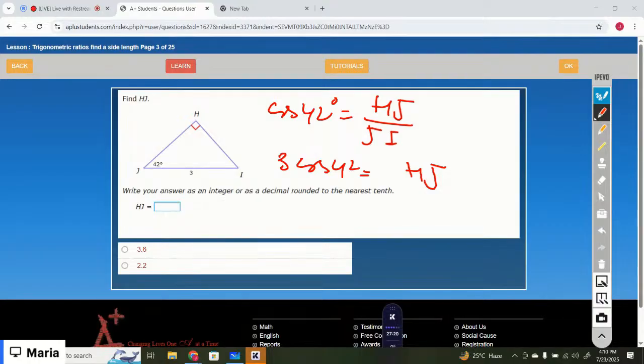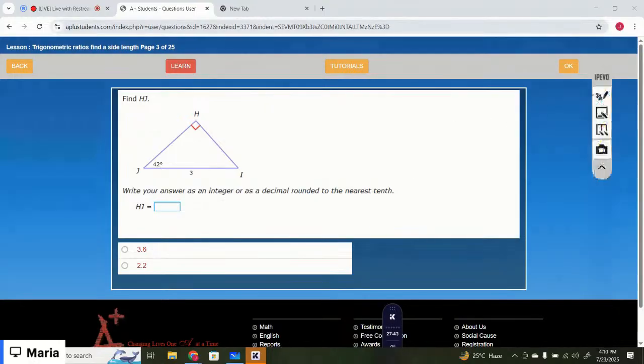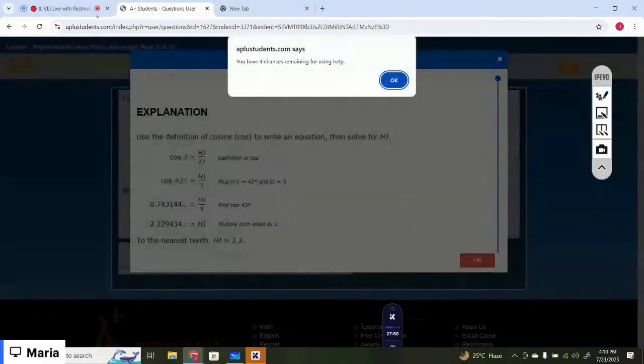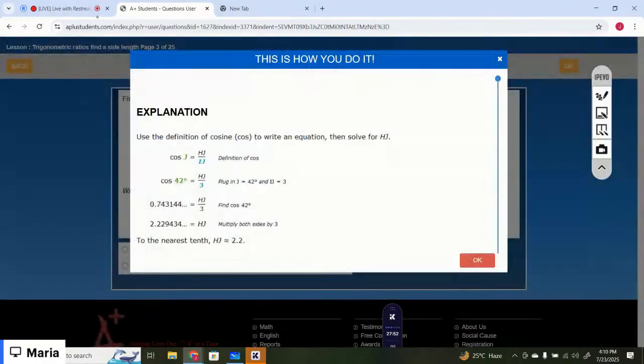So 3 times 0.999 equals 2.2. Here we are not given 2.2 actually.